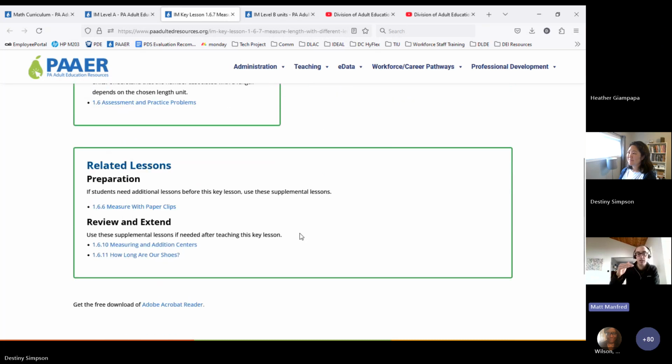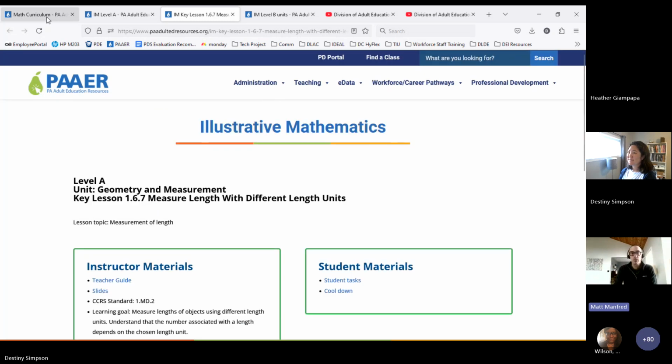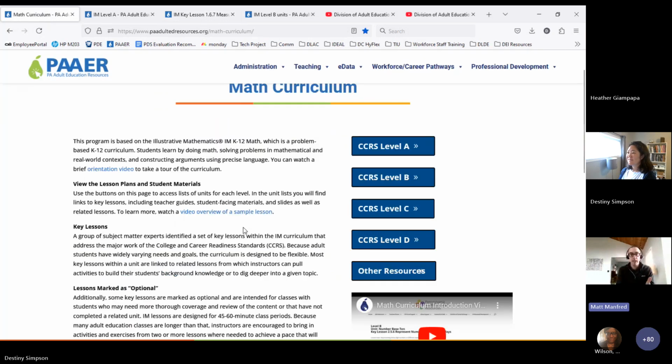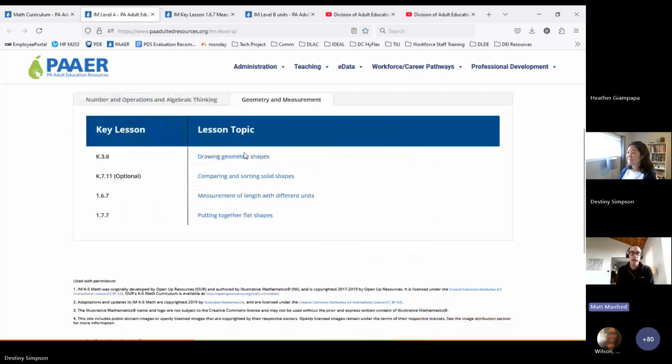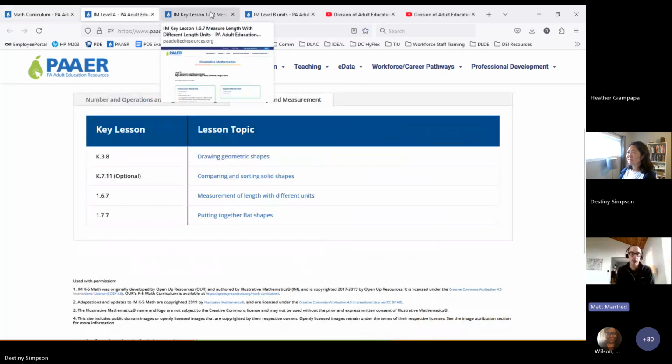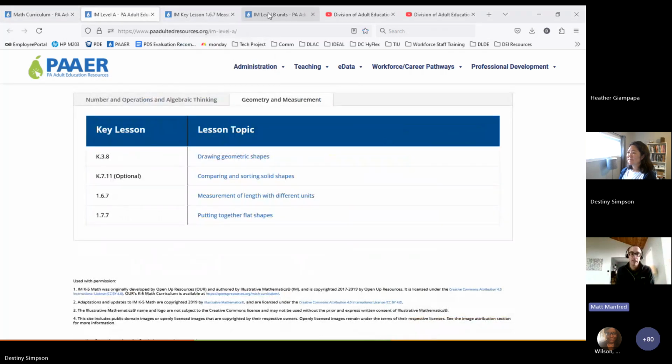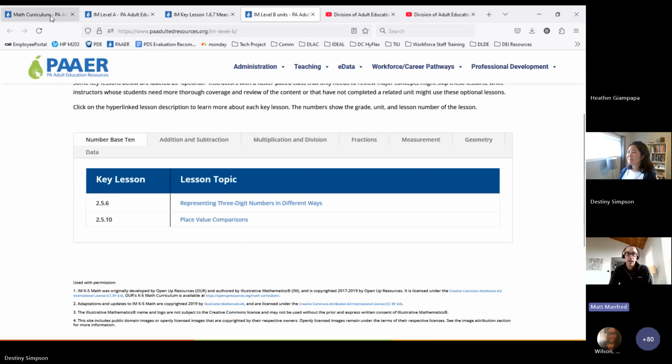Some are lessons you can teach leading up to that key lesson or after that key lesson, for preparation or review and extension. The math curriculum we have on there is very flexible. You can dive in at any point. You can jump in, jump out, and just do what your students need. I've always been very excited about the math lessons.